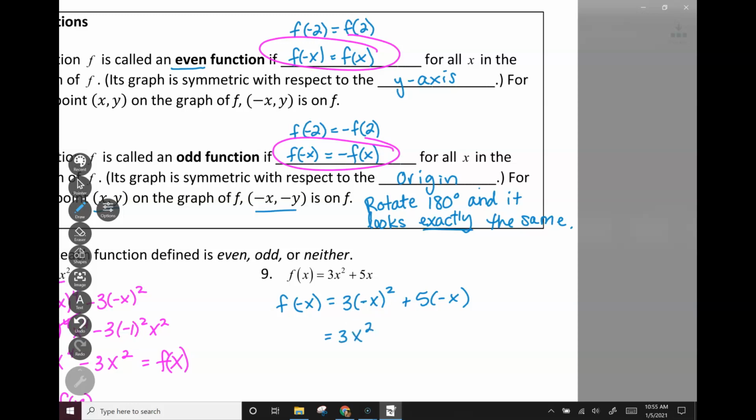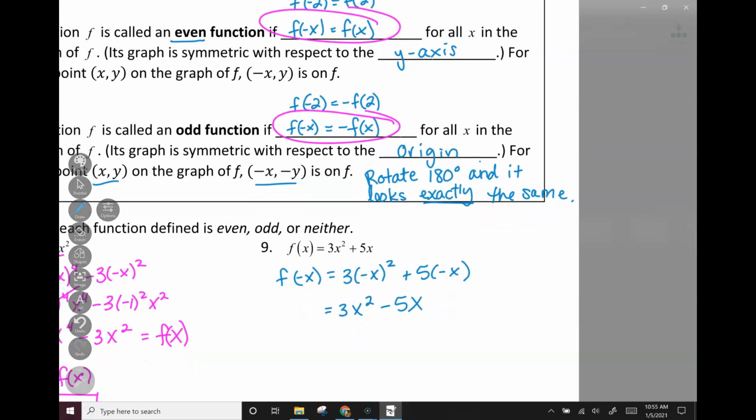That negative 1 squared is 1, so it goes away. And then 5 times negative x is the same thing as minus 5x. Okay, let's compare that to the original function. Well, I see it's not the same, so it's not f of x, so it's not even.